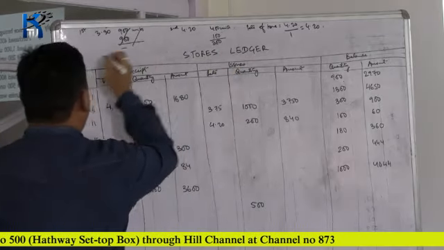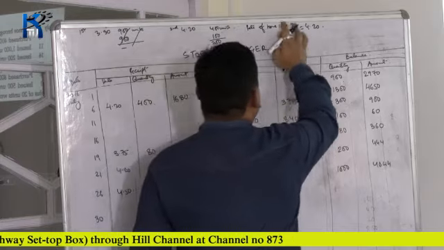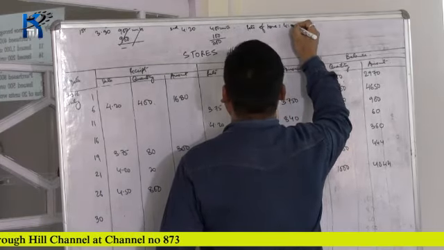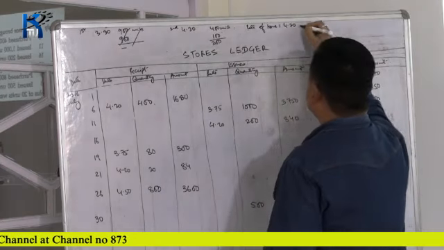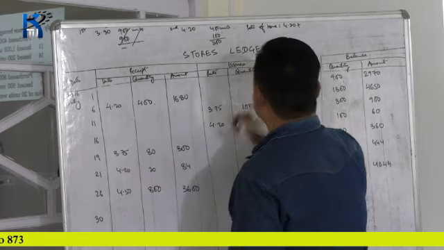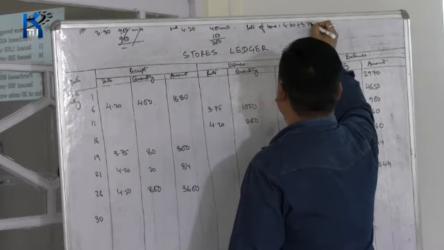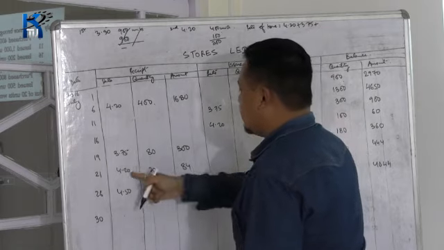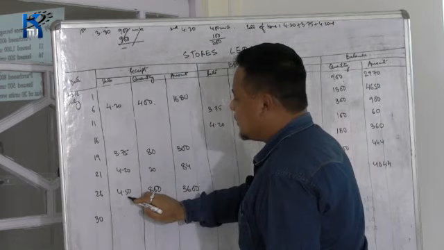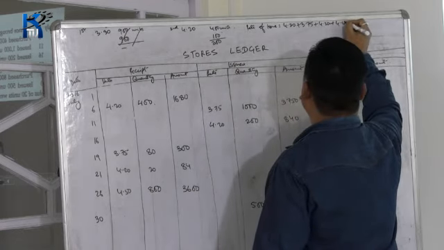So we have a batch consisting of 4.20 plus, after that we had received 3.75 plus 4.20 plus last receipt was 4.50.